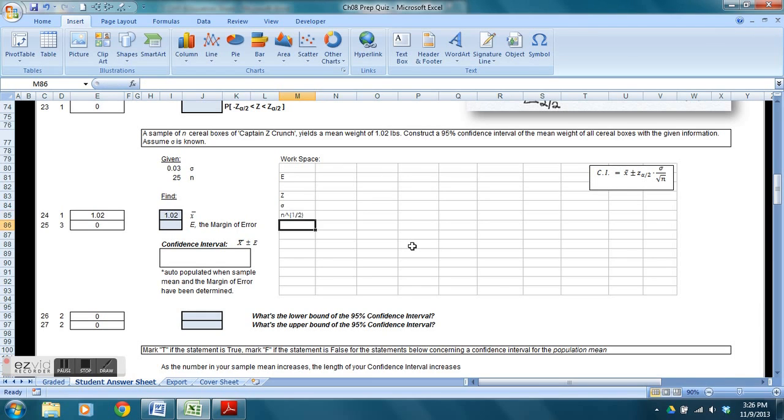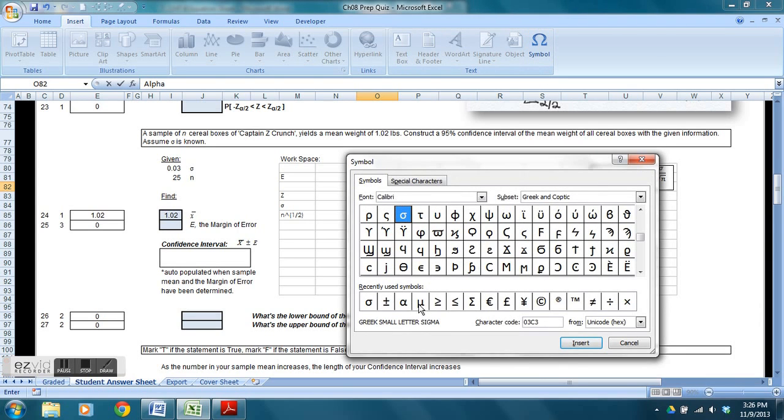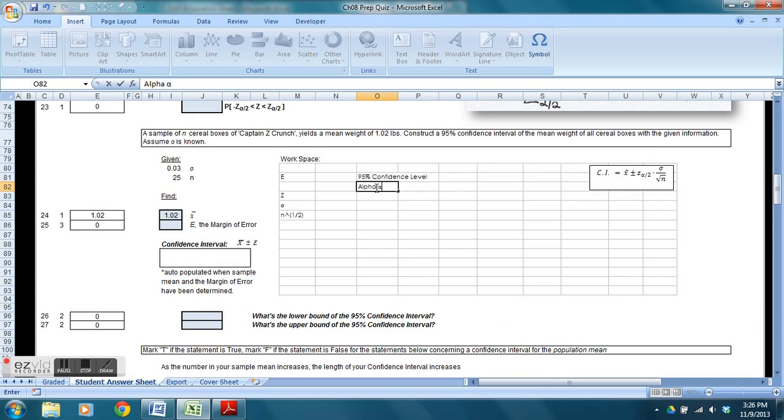Alright, we want a 95% confidence level. So if we're interested in the 95% confidence level, that means our alpha, which I might as well just insert the symbol. Once you use them, it goes down to the recently used symbols, so it becomes a lot easier than searching for it. So alpha, in this case, when you have a 95% confidence level, equals 0.05.